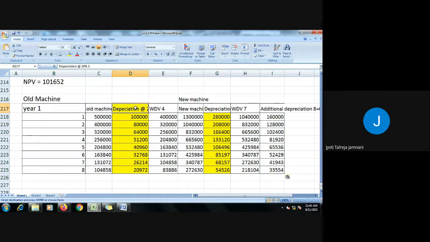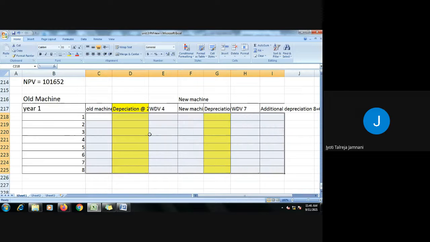Depreciation of the old machine at the rate of 25%, then depreciation of the new machine at the rate of 25%, and then additional depreciation is old minus new. And here it's only for 5 years.